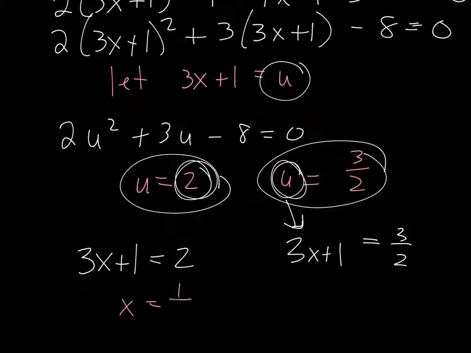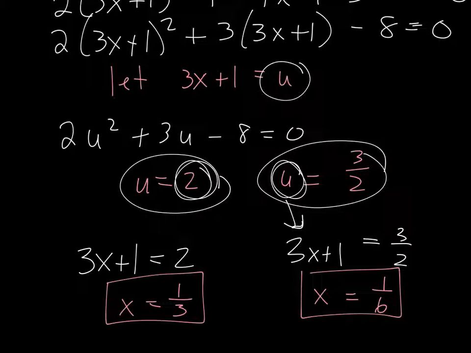X is simply 1/3. Subtract 1 is going to be 0.5. 0.5 divided by 3, we're going to have 1/6. And I did that because I think of 0.5 as 1/2. 1/2 divided by 3 is just put a 3 in the denominator, making it 1/6. So those would be our two solutions for this equation if you could rewrite it in quadratic form.